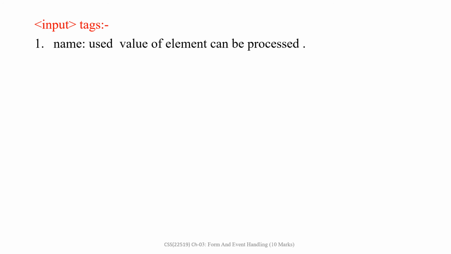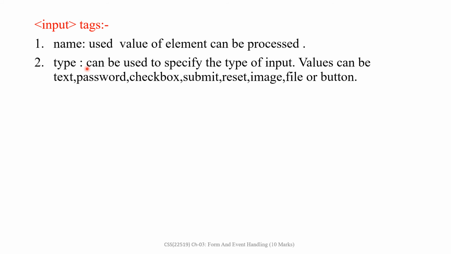First, name. It is used so the value of the element can be processed. Next is type. It can be used to specify the type of input. The value can be text, password, checkbox, submit, reset, image, file, or button. Then ID.